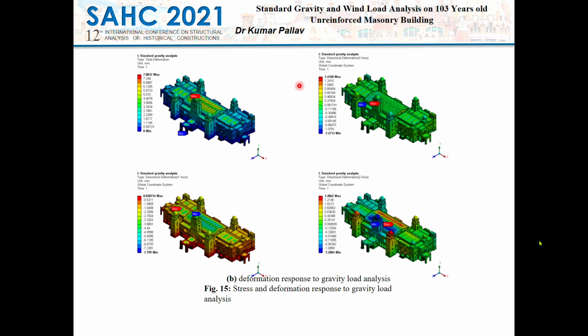Further, if we look into the global coordinate system, the directional deformation is maximum on the edge of the clock tower, which is around 1.44 mm, and in y direction it comes around very minor, it is 0.038, that too on the roof, and again 1.4 is in z direction, which is again at the roof level.